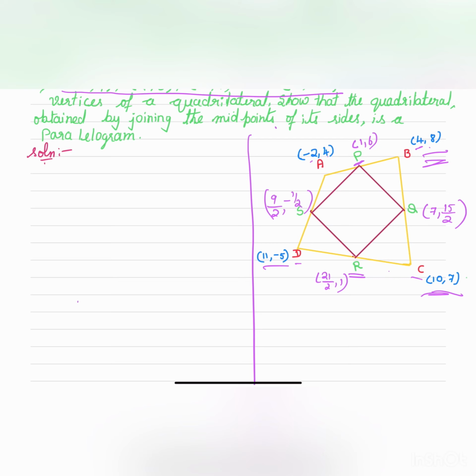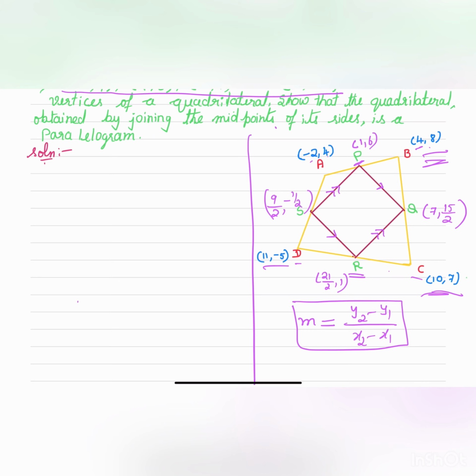To show that, we have to use the slope formula, that is (y2 - y1)/(x2 - x1). If the slope of PQ is equal to the slope of SR, then they are parallel. If the slope of PS is equal to the slope of RQ, then they are parallel.